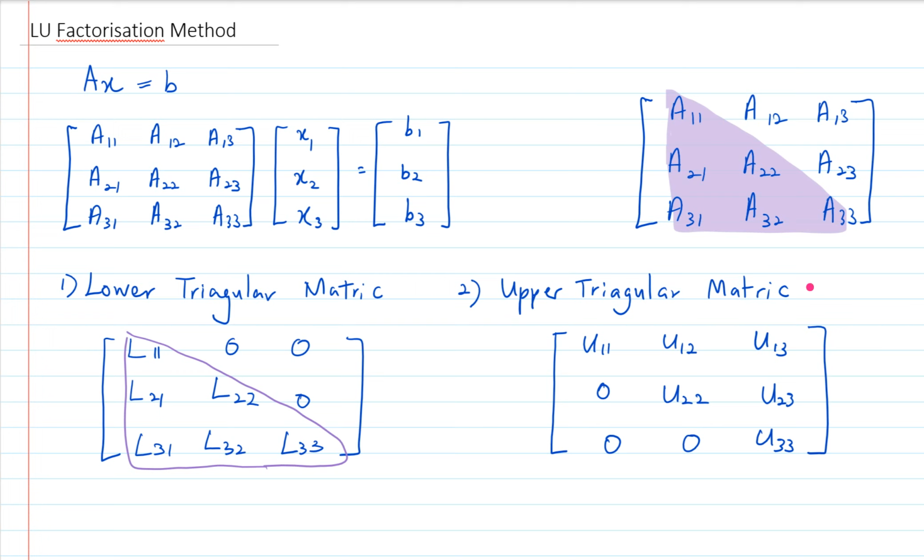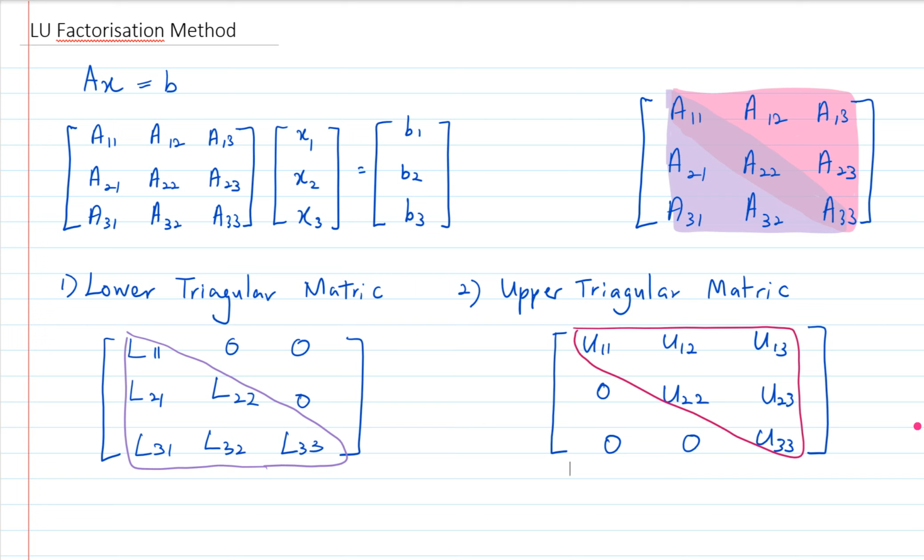It is from the top triangle of the matrix. So this is the upper triangular matrix. Other than that, the values become 0. The symbol for the upper triangular matrix is U. So U11, U12, U13, U22, U23, and U33.